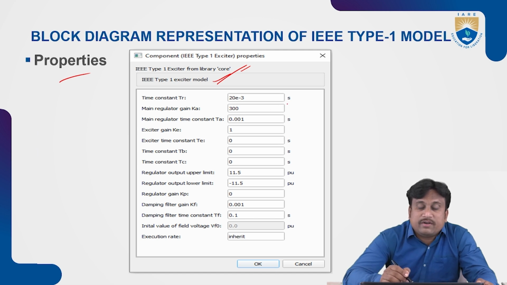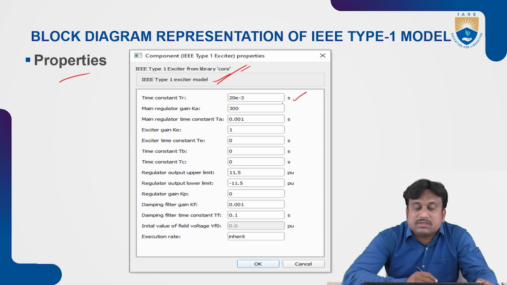So this is treated with one time constant, TR, 20E minus 3, main regulator gain Ka as about 300, main regulator time constant as 0.001, and exciter gain is represented with Ke, and a time constant TB, that is also 0, and also TC, that may also be 0.